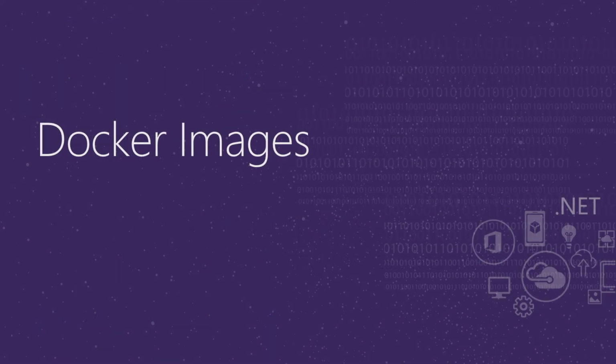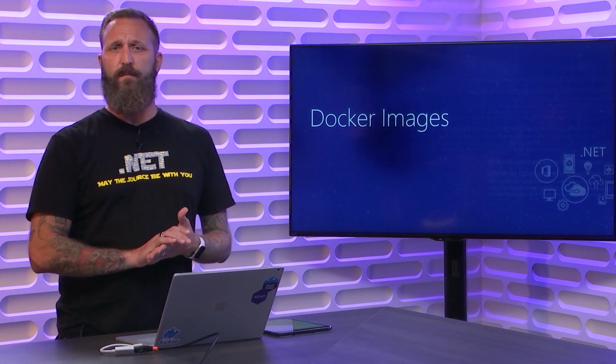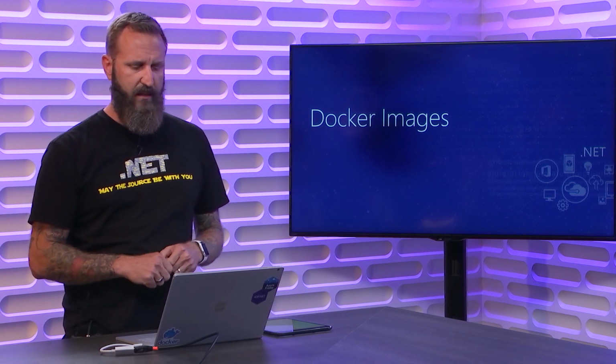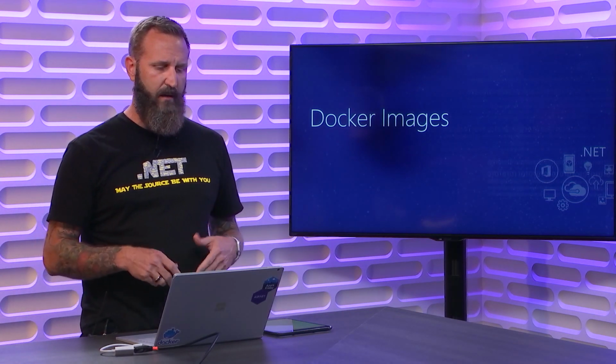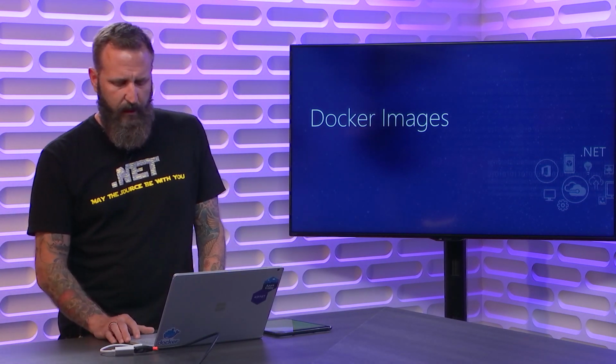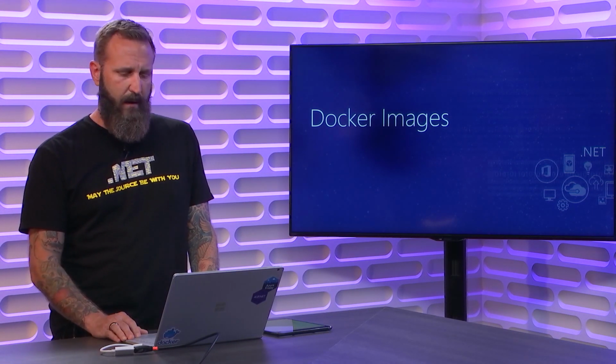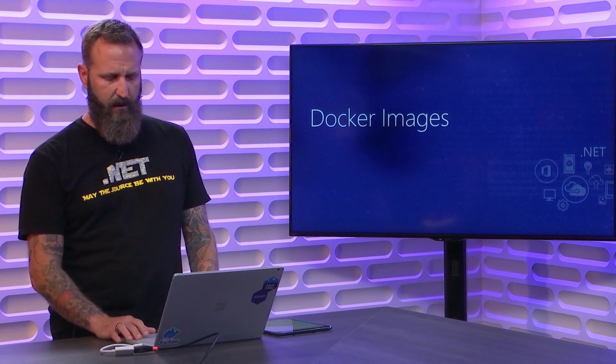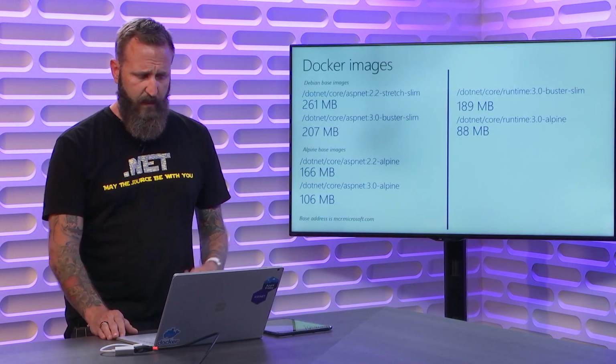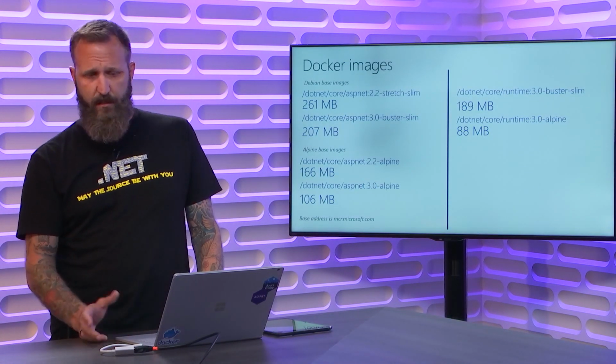So moving on to our Docker images. Now, containers is really at the core of building our microservices. And some of the improvements that we've done in .NET Core 3.0 is really important when it comes to doing that inner loop development and making these more efficient as we're building out our services. And as a part of that, making them smaller is very important.